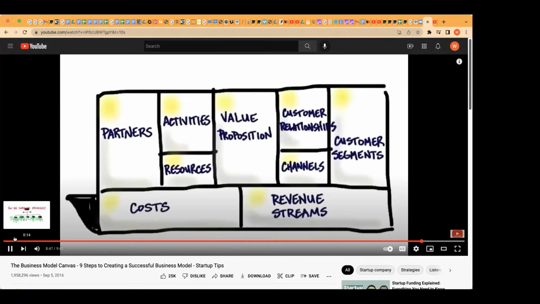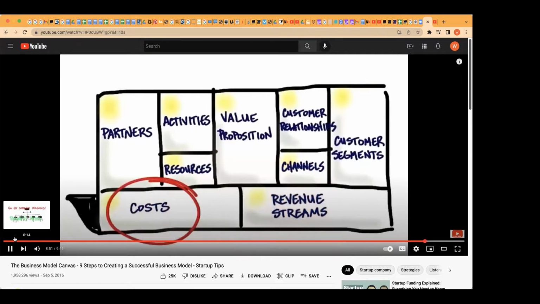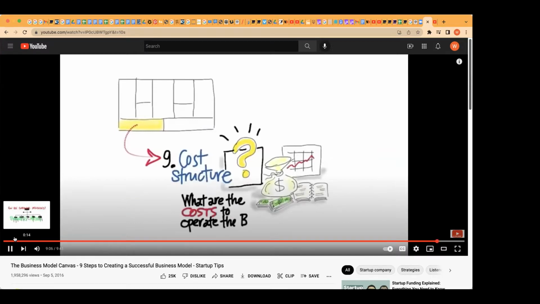And then finally, all this adds up on the left-hand side over here to cost. What are the costs and expenses to operate the business model? One of the interesting things about cost is it's not just the obvious ones like people or buildings or materials. What you're really going to be asking are, what are the entire costs to operate our business model?